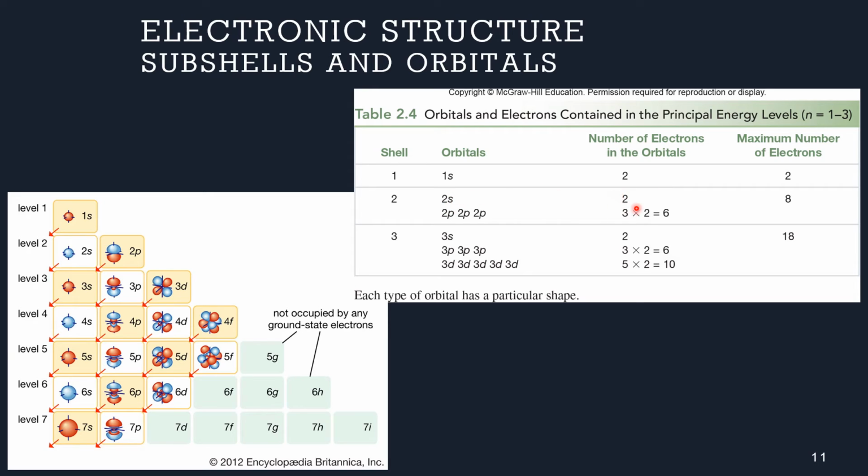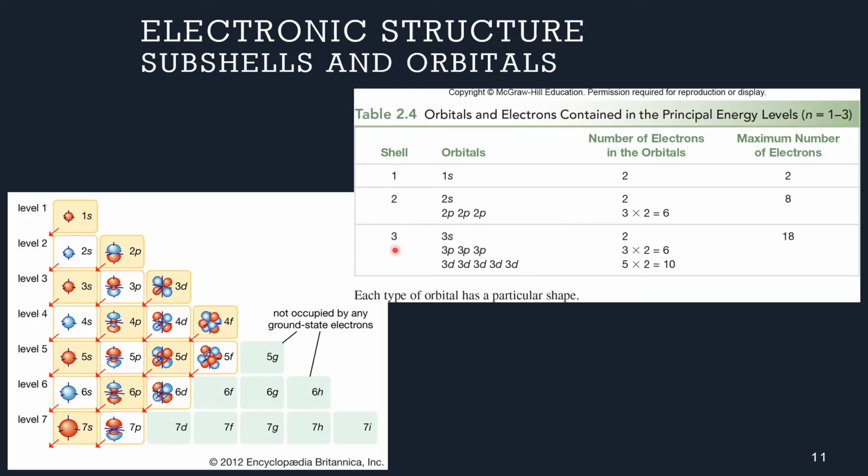So you can have 2 electrons in the s shell. In the p shells, there are 3 orbitals. So there's 3 p orbitals. Each orbital holds 2 electrons. So if there's 2 electrons here, 2 electrons here, and 2 electrons here, the total number of electrons possible in the p shells is 6. Add 2 and 6 together, the maximum number of electrons that you can find in our second shell is 8.